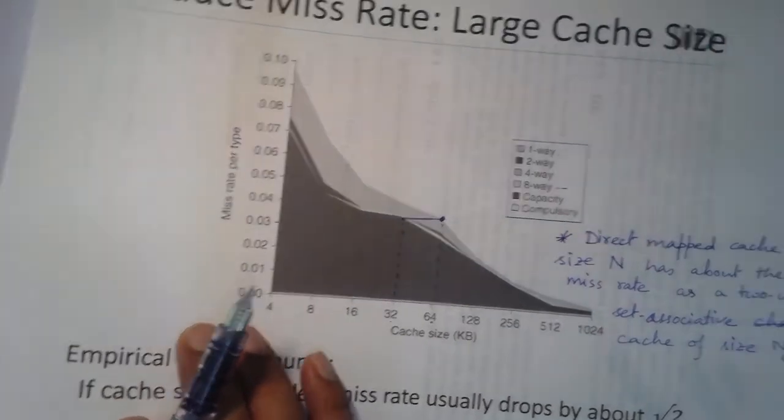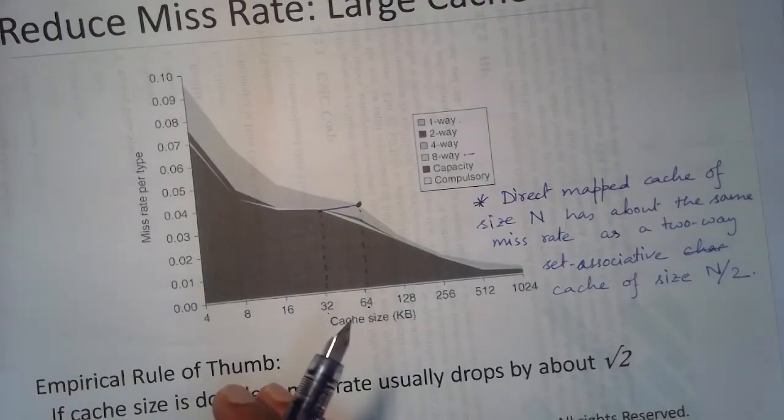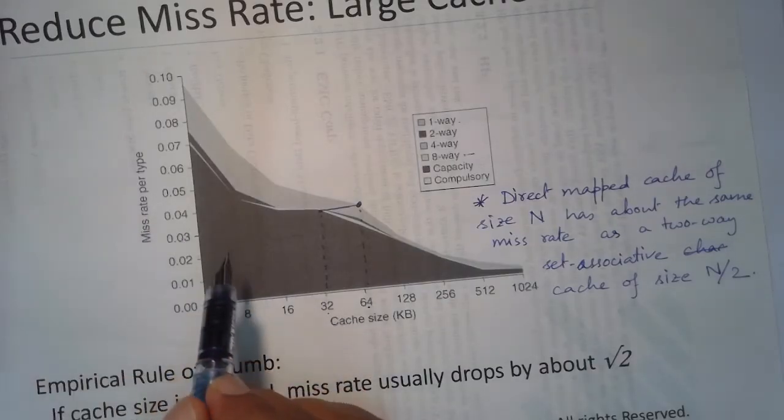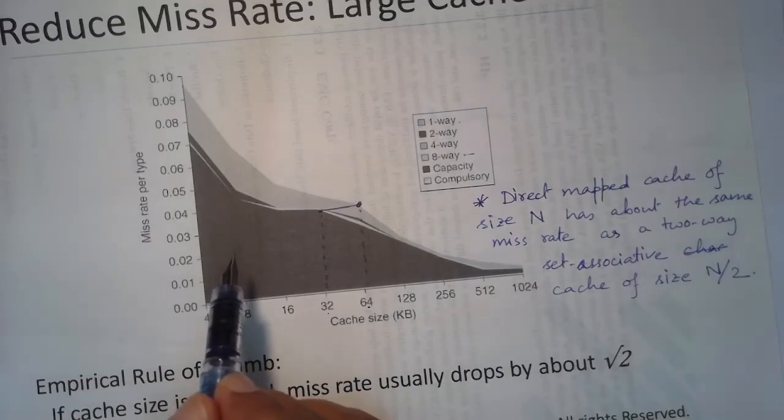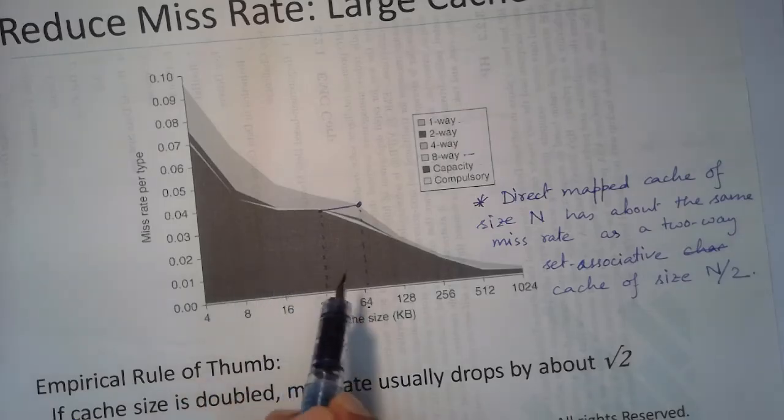Even if we reduce the miss rate, for certain requests there will be a miss, and at that time it has to be served. So, how do you reduce the miss penalty?